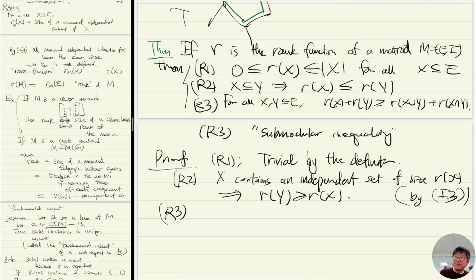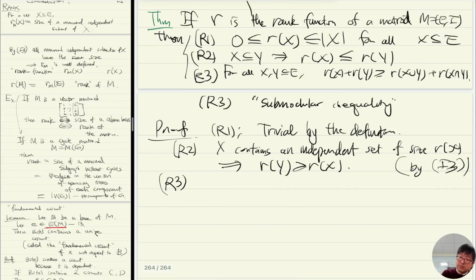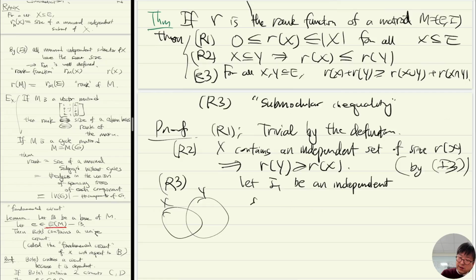Now R3. How do we prove R3? So here's an X, here's a Y. Let I1 be an independent subset of X intersection Y of size rank of X intersection Y. So here's I1.